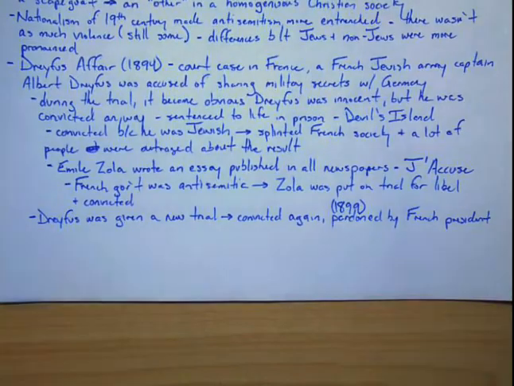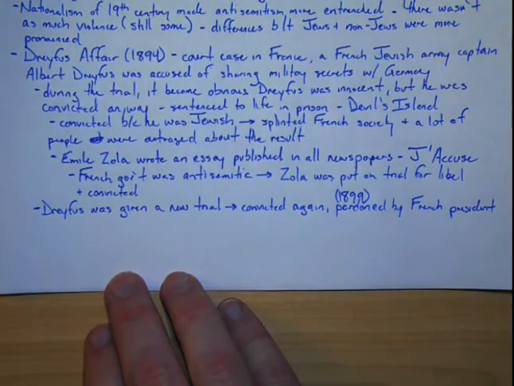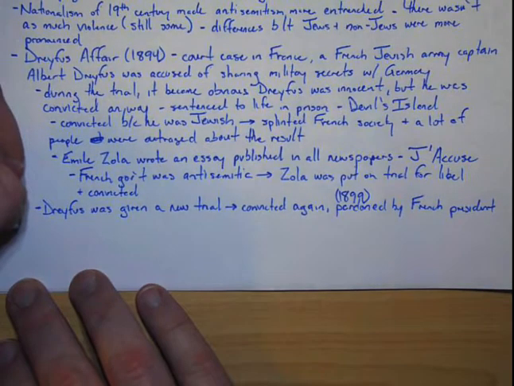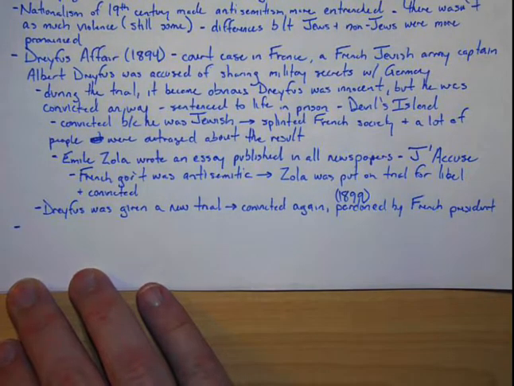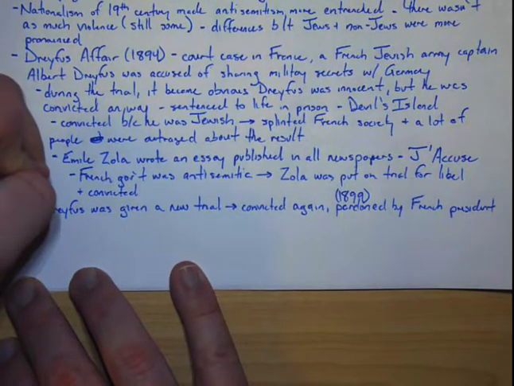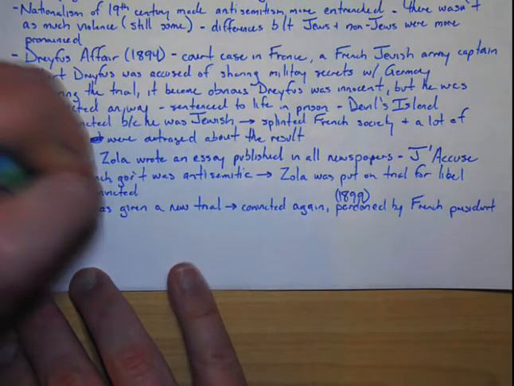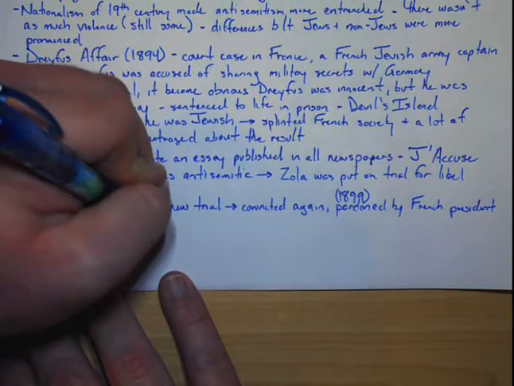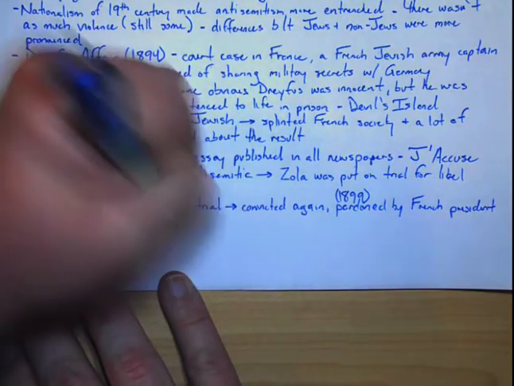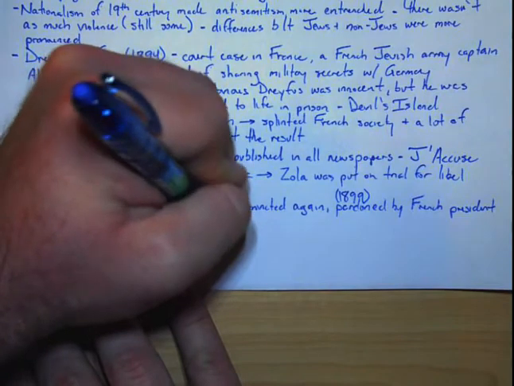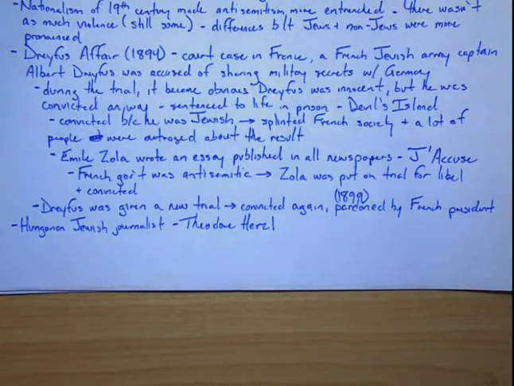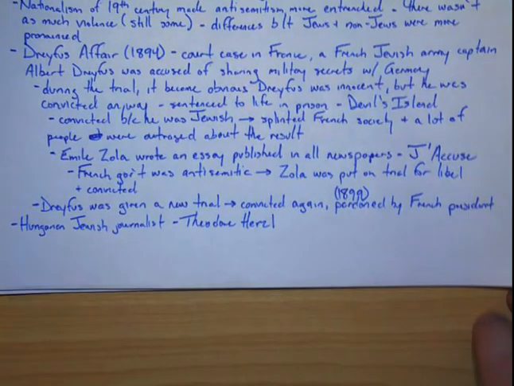Now, the point of the Dreyfus Affair, the reason we bring this up, is because watching the Dreyfus Affair was a Jewish journalist. So a Hungarian Jewish journalist. His name was Theodore Herzl. He was there covering the trial in Paris.